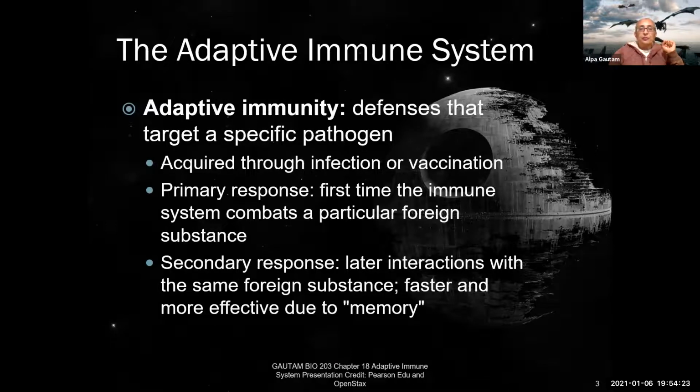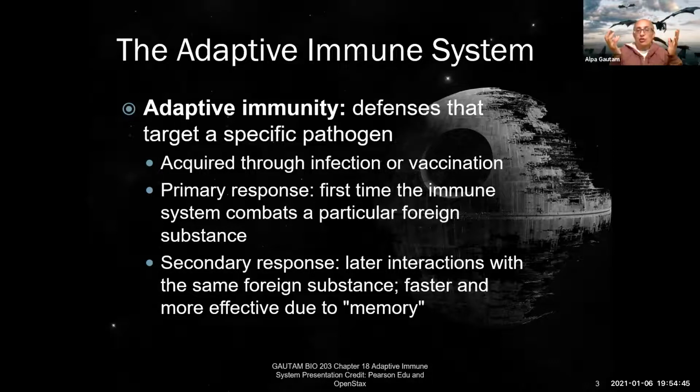Okay. So the adaptive immune system, unlike the innate immune system, targets specific pathogens, right? Because there are molecules that stick out from the pathogens, and the components of the adaptive immune system have a specificity, or they specifically bind to specific components on pathogens.